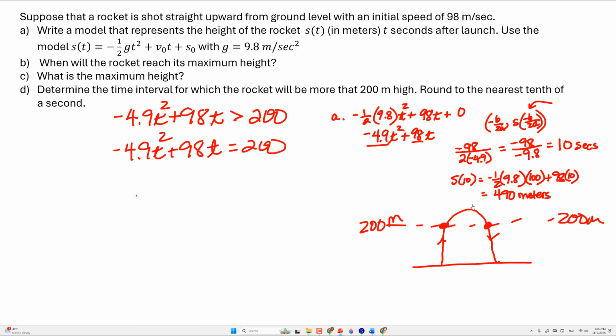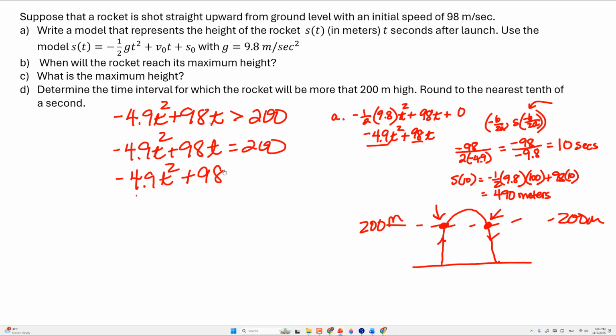If we know how many seconds it takes the rocket to get to that point at 200 meters, and at what time it will be passing 200 again on its way down, then we know the time in between those two times is when it's above 200. So we will solve this function.